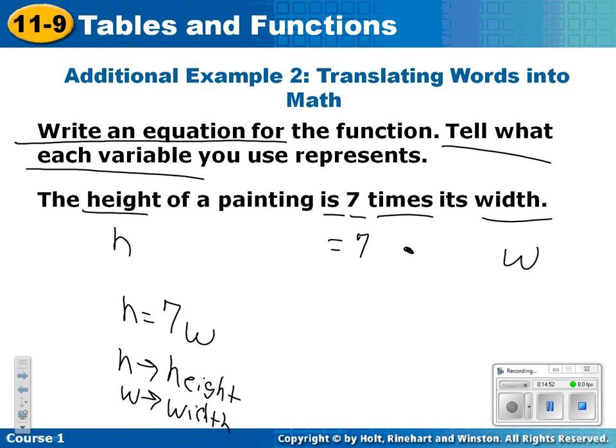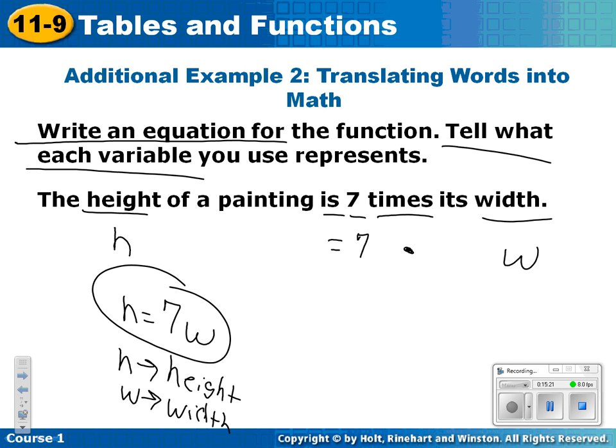Now, again, this is a function. This is an equation. For every H value, there is a W. For every W value, there's an H. What if, let's say W is 7. What is H? 49. What if W was 10? What is H? 70.